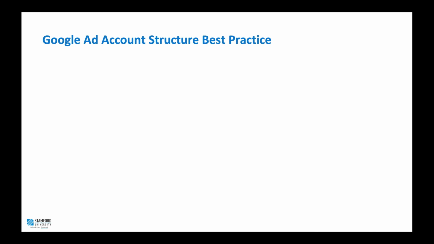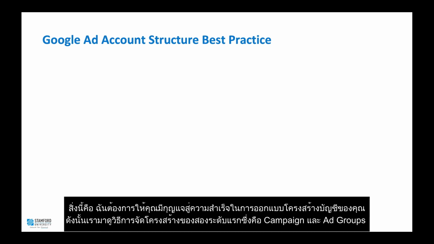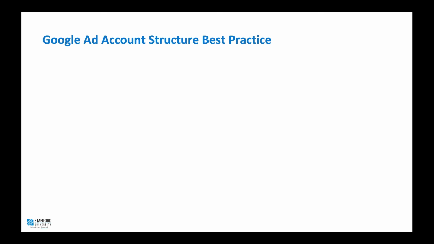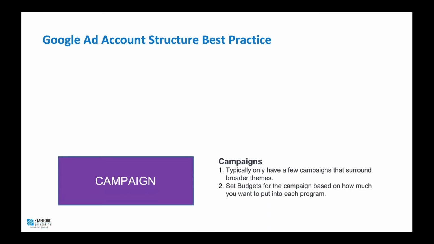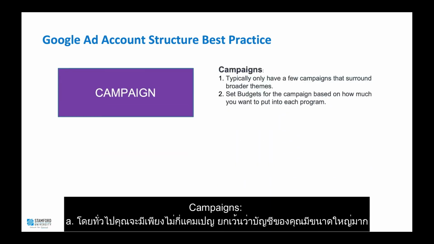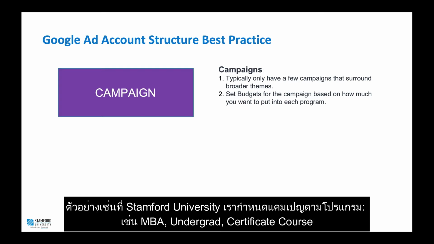Okay, so what I want to give you is the keys to success and how you can design your account structure. So let's go through how a structure has, and again, it's the first 2 layers, the campaign and the ad group. These are the most important. Let's look at the best way to set these up. So for the campaign, unless your account is very large, you'll typically have only a few campaigns that are surrounded around a broader theme. For example, at Stanford University, we set campaigns based on the program.